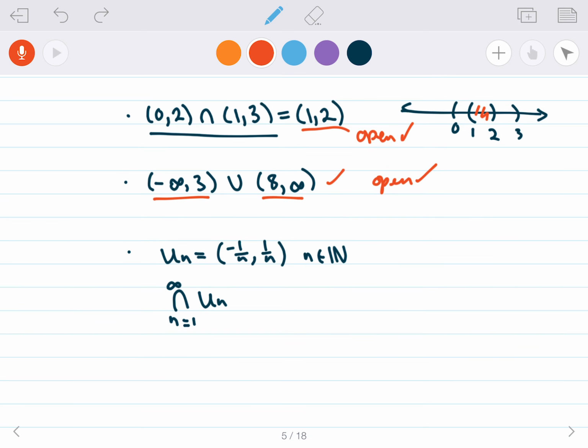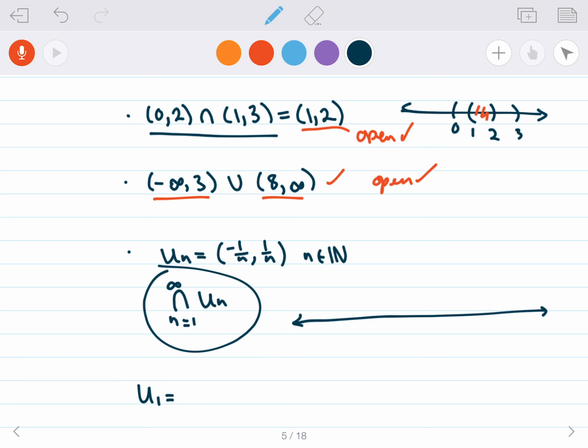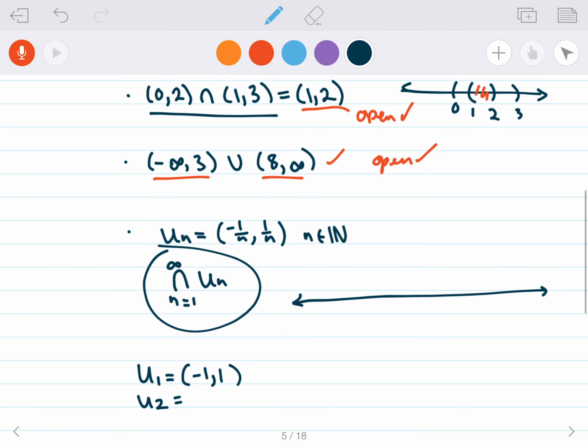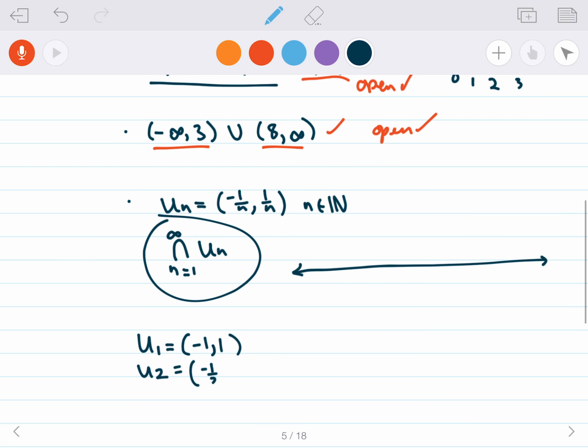Okay, so if we draw a picture of what this looks like, this set right here, we're taking the intersection of all of these U_n's. So U1 is equal to -1 to 1, U2 is equal to -1/2 to 1/2, and we go in this pattern.